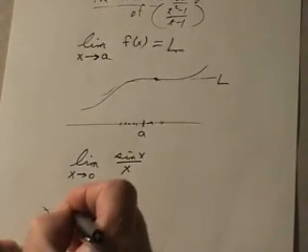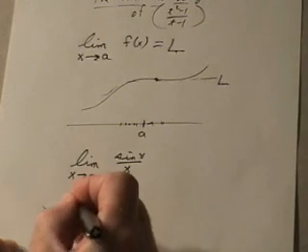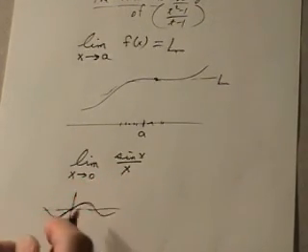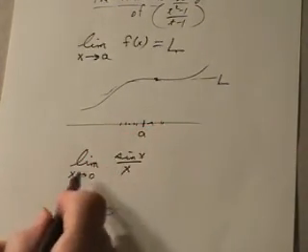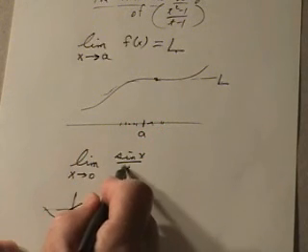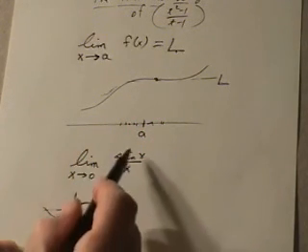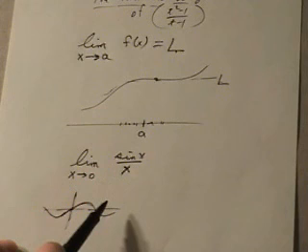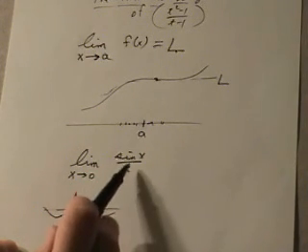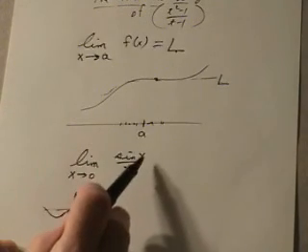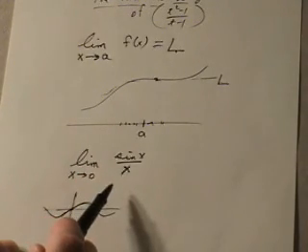The sine gets close to 0 here at the origin. So the top is getting close to 0 as x gets close to 0. The bottom obviously is getting close to 0. So this is one of those nasty 0 over 0 situations where you can't tell what's going on. But you can if you look at the graph of sine x over x. And we'll do that in the lab.